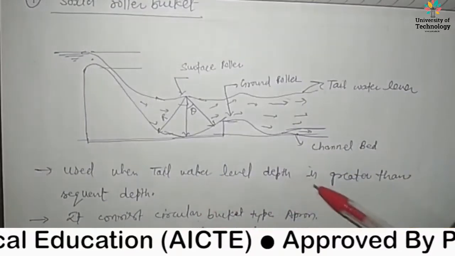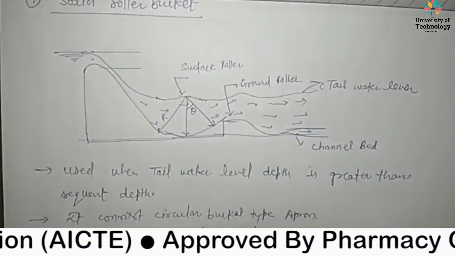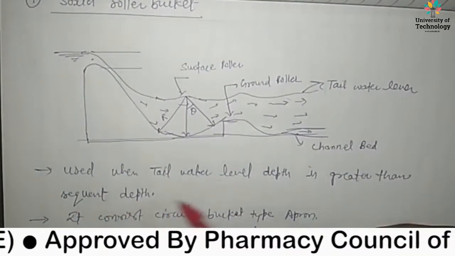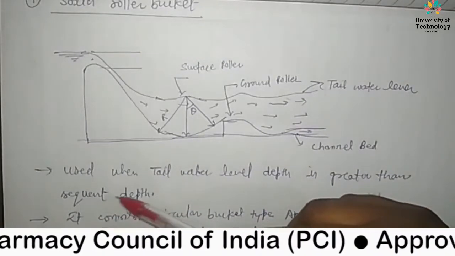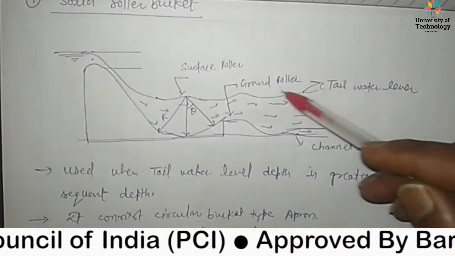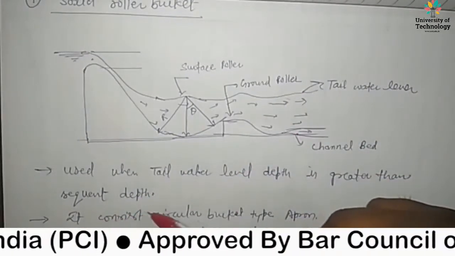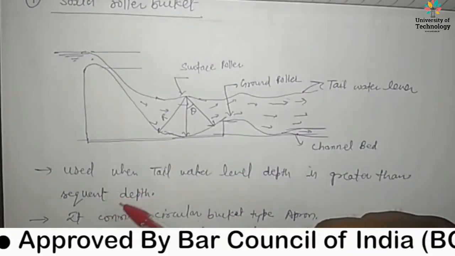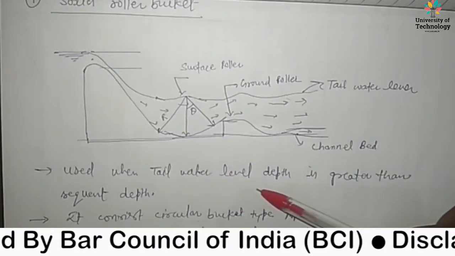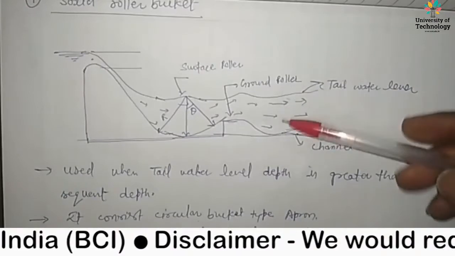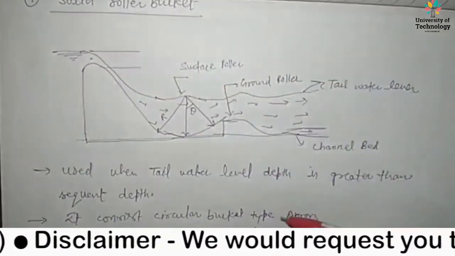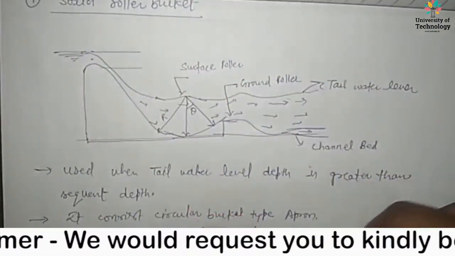There are some points about this solid roller bucket. It is used when the tail water level depth is greater than the sequent depth, meaning where a hydraulic jump can take place. So in the case where the tail water level depth is greater, we will use this type of solid roller bucket.